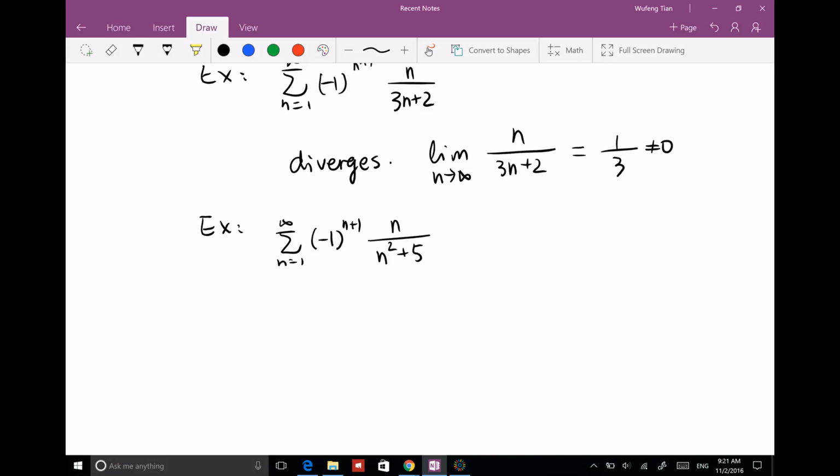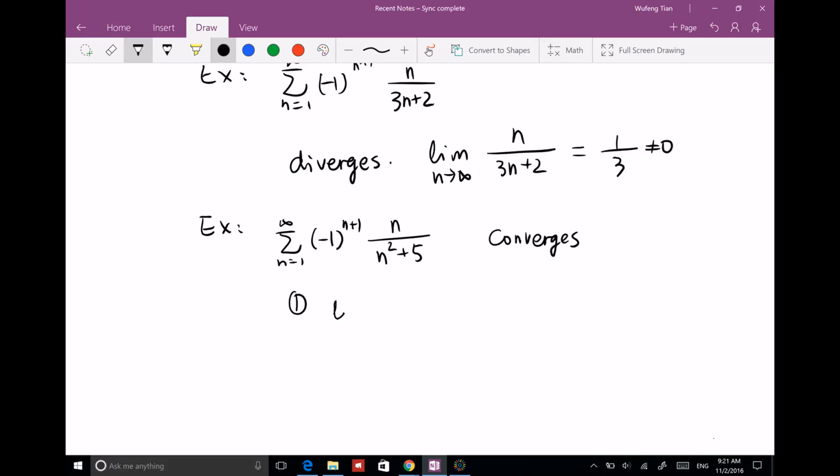Okay, can anyone tell me what you got? Does it converge or diverge? I think I'll call a student. Alright, Taylor, you want to try? This one converges. Okay, so why does this one converge?